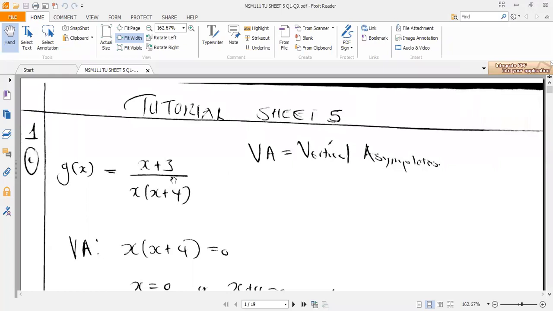So now, how do we find the vertical asymptote? You know that the vertical asymptotes are values that make this function undefined.